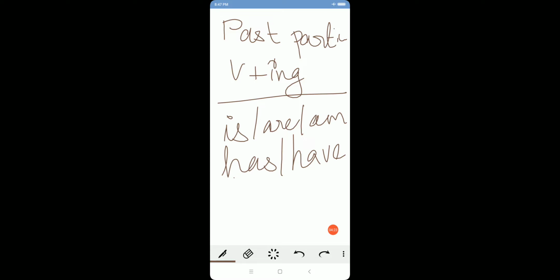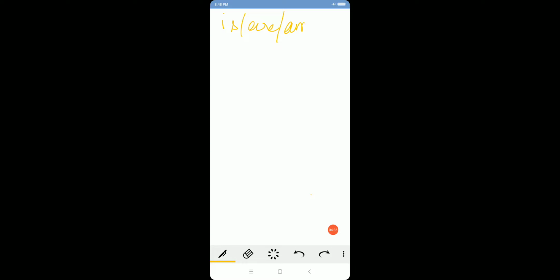So among is, are, am, has and have, what are the singular auxiliary verbs? Is is singular, has is singular, right? So these two are singular auxiliary verbs, that is, they will be used after a singular subject. What are the plural auxiliary verbs?